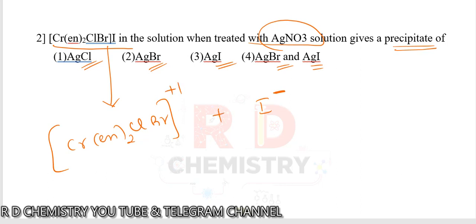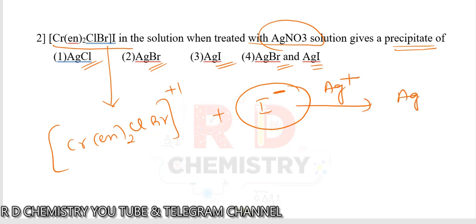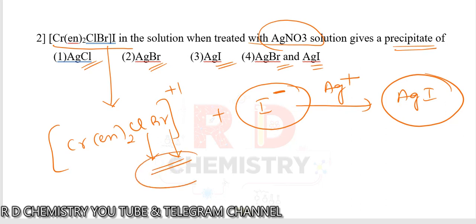So only the counter ion I minus can react with the silver ion present in silver nitrate to give silver iodide, the yellow precipitate. Whereas chlorido and bromido are ligands, not counter ions, so they cannot react with silver nitrate. Therefore the answer is option number 3, silver iodide yellow precipitate.